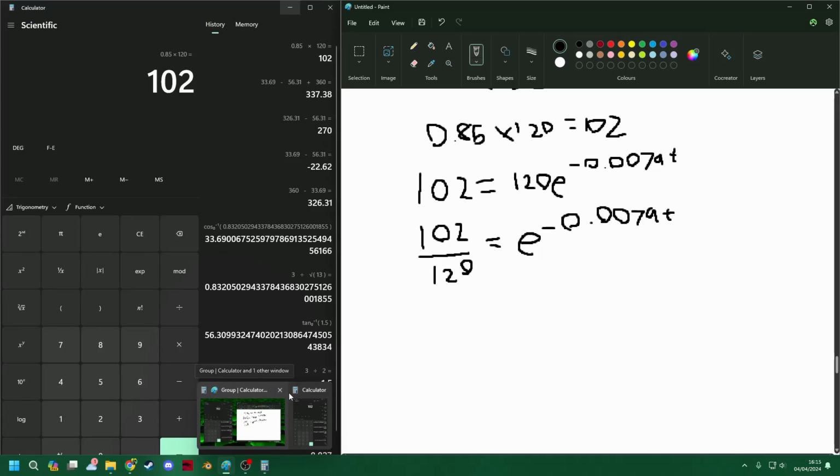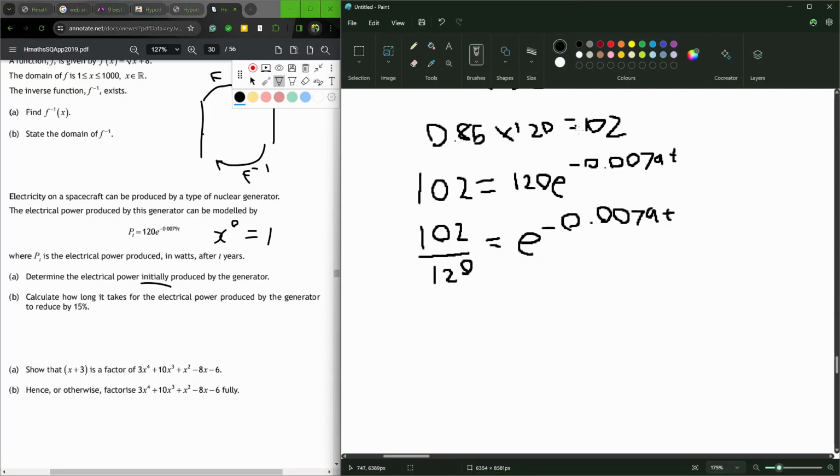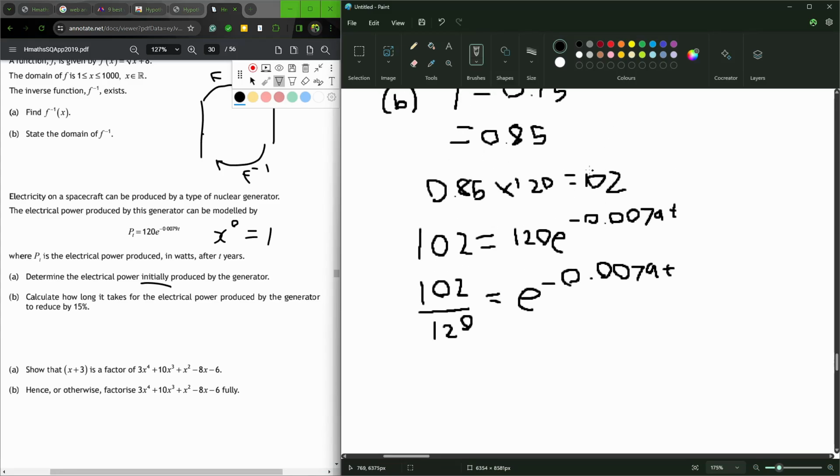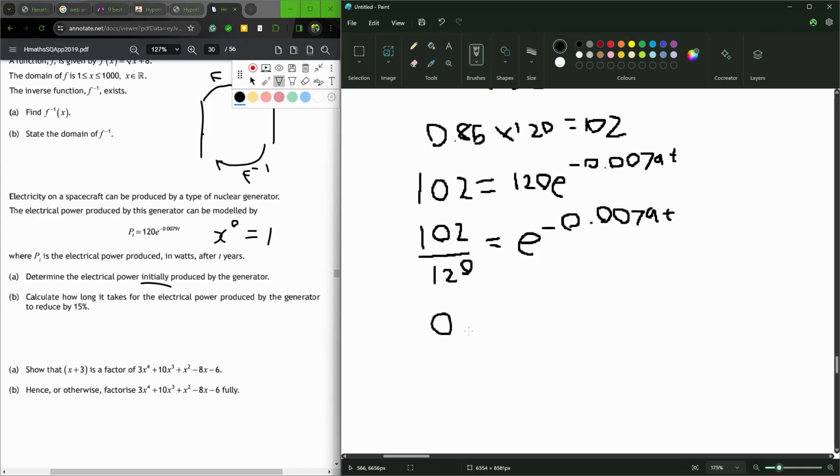We already know what happens when we divide it. Remember, we times it by 0.85 to get 102. So if we divide it by 120, we're essentially undoing this. We'll get 0.85 right back. Ain't that a miracle?